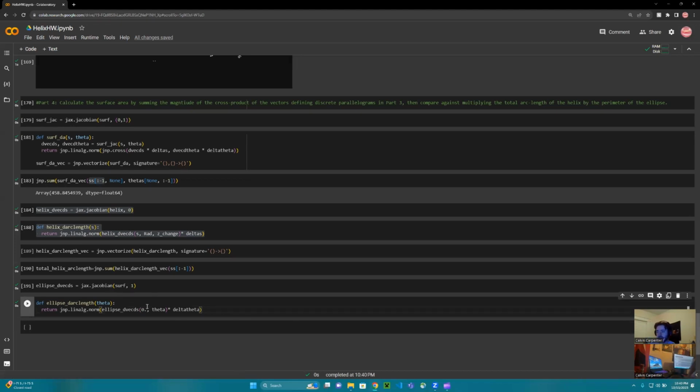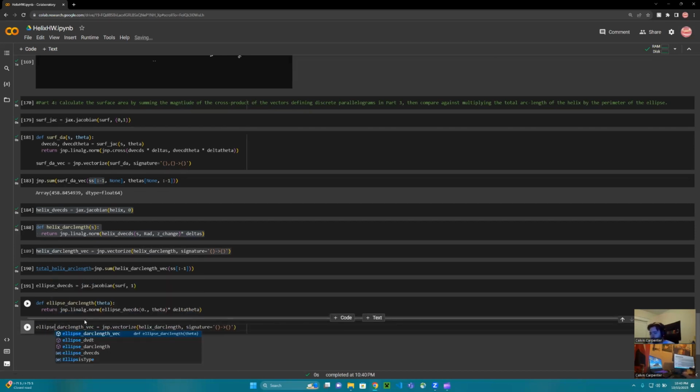Okay, now that we have specified the differential arc length for the ellipse and the helix, now we can do something similar to what we did here for the ellipse as well. So ellipse.